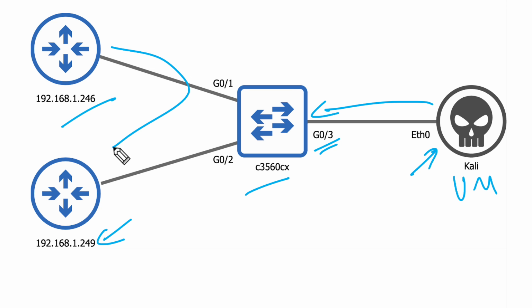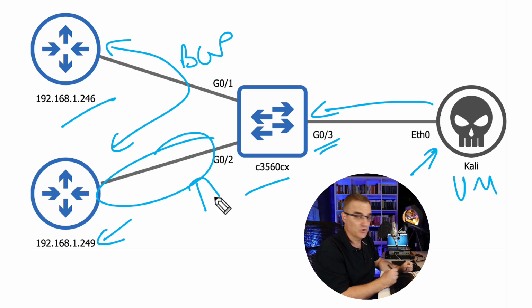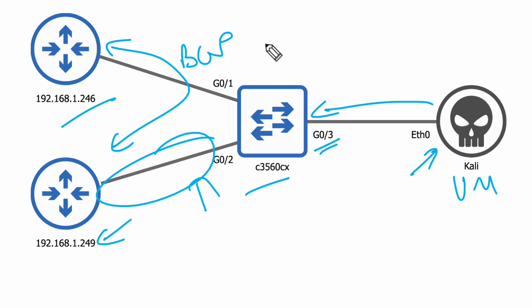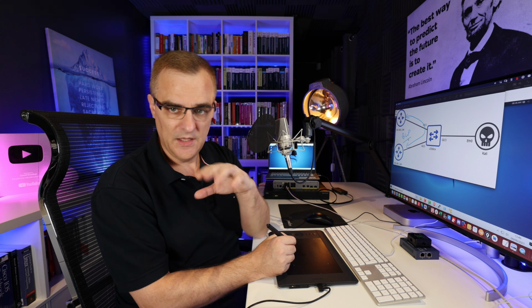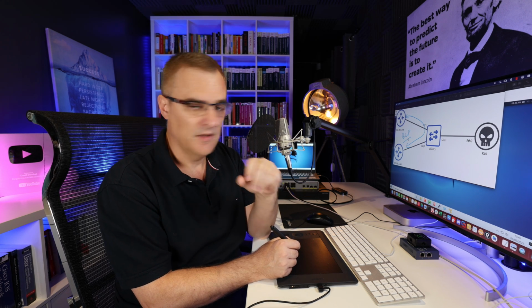I'm running BGP between these two routers, so there's a BGP relationship between those two routers. Now, there's additional infrastructure here, which I'm not showing in this topology. That doesn't really matter from a BGP point of view because BGP uses TCP port 179. So there's essentially a BGP relationship across a bunch of devices between these two routers. The layer 2 infrastructure doesn't really matter in this example.